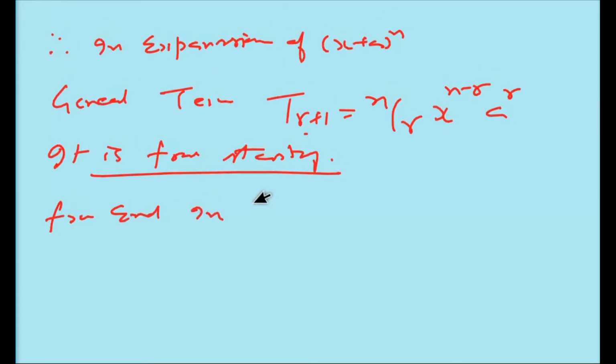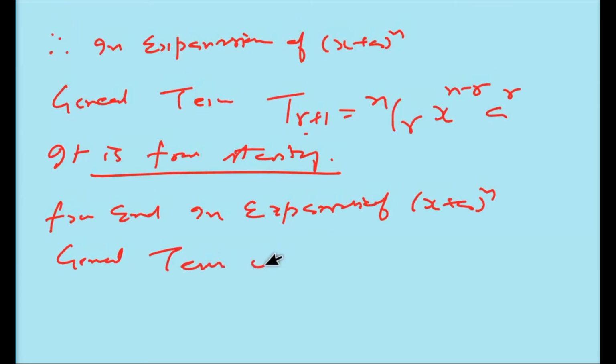In the expansion of (x plus a) to the power n, the general term will be nCr a to the power n minus r x to the power r.